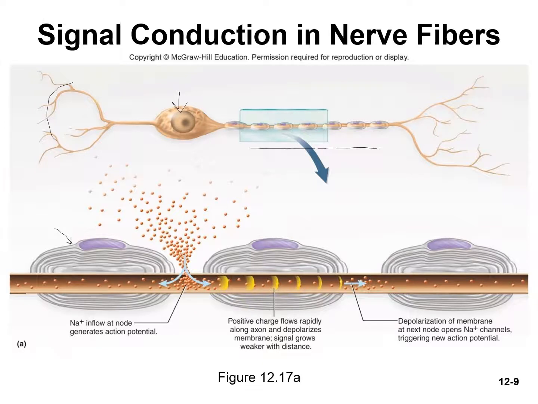So with the saltatory conduction, because you have the conduction velocity through these internodes being so quick, it essentially looks like the action potential is leaping. It's going so fast that it looks like it's just skipping over these myelinated sections altogether, and hence the term saltatory conduction.